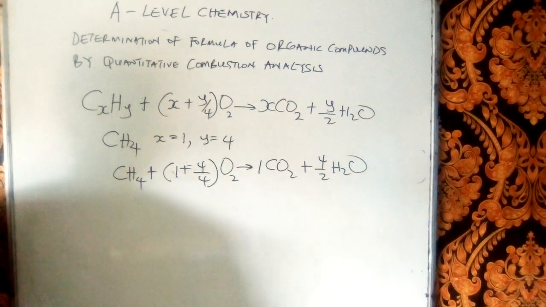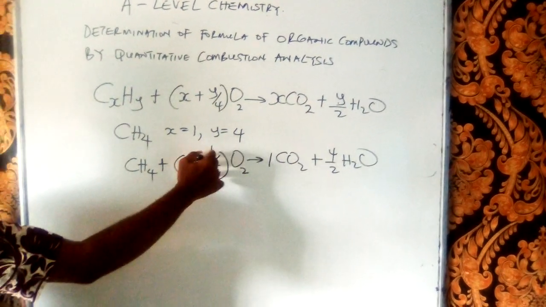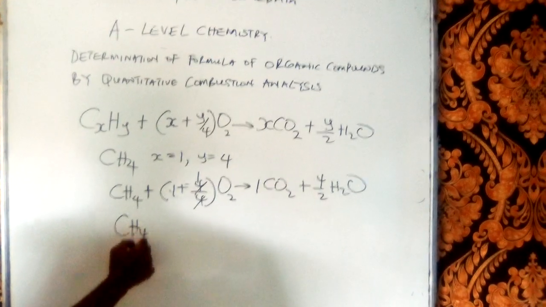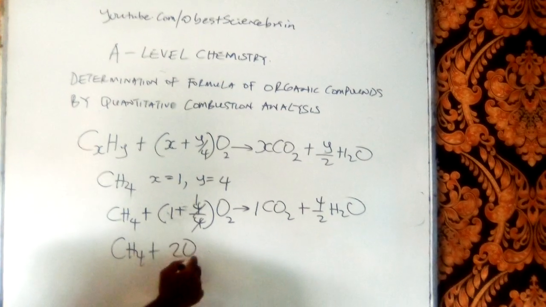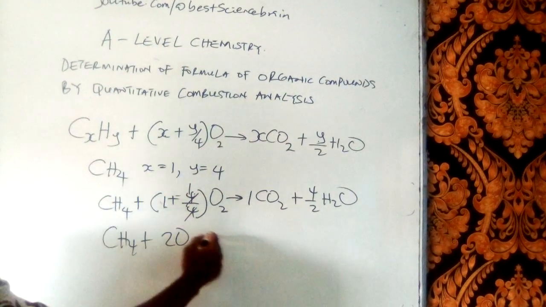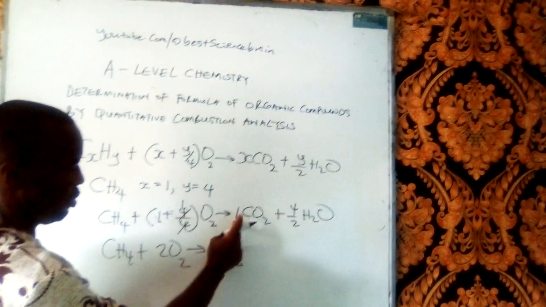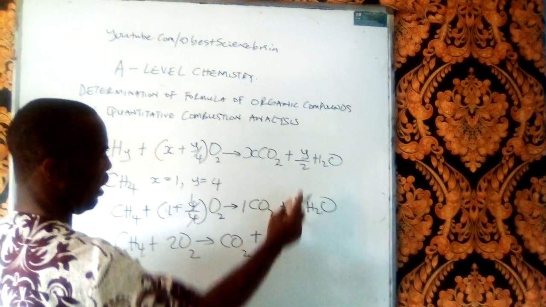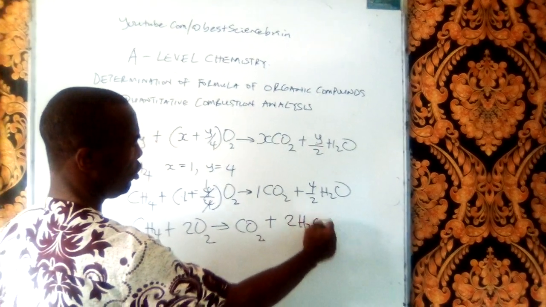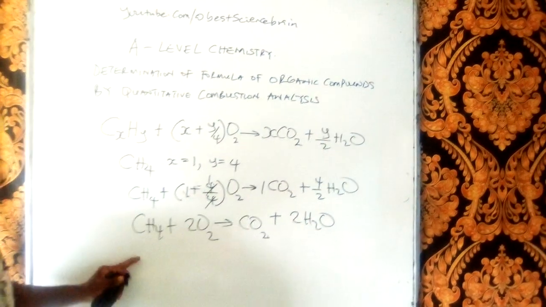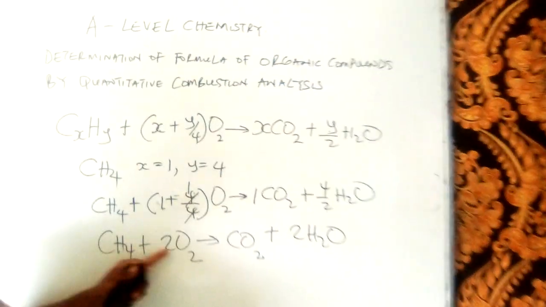If you solve it out, 4 over 4 gives us 1, so CH4 plus 2O2, that is 1 plus 1, equals CO2, but the 1 here doesn't make any difference, plus 2H2O. So this is the combustion equation, or the oxidation, of methane.